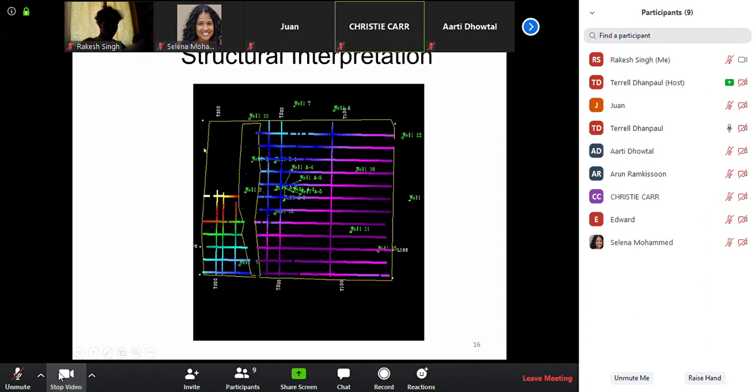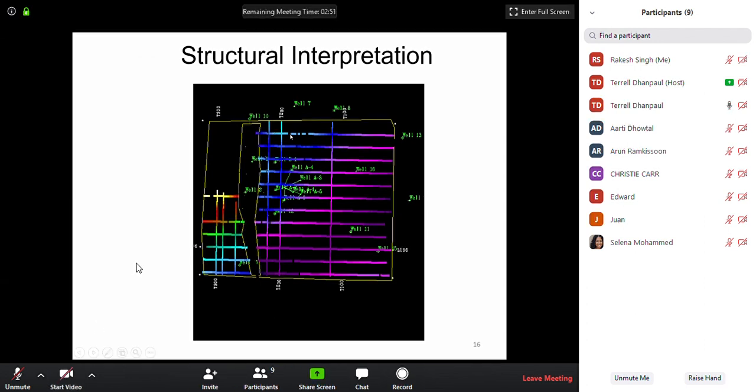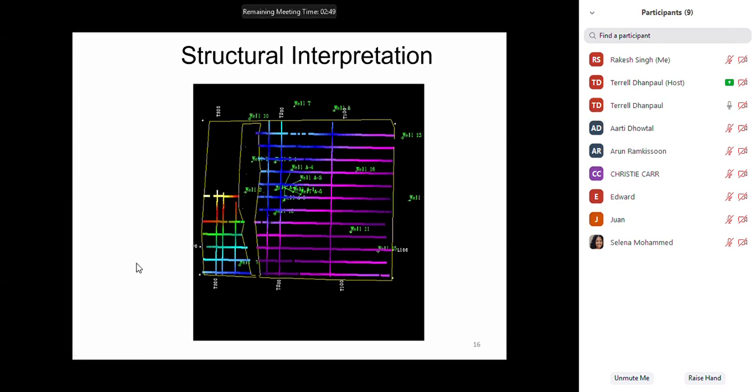So this is just a snapshot of what a simple seismic interpretation grid will be like. You do interpretations on lines and traces. T stands for trace, and L on this side stands for line.